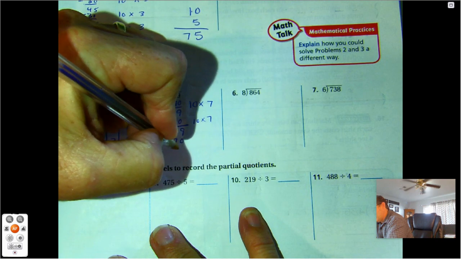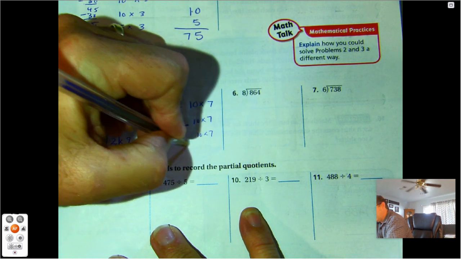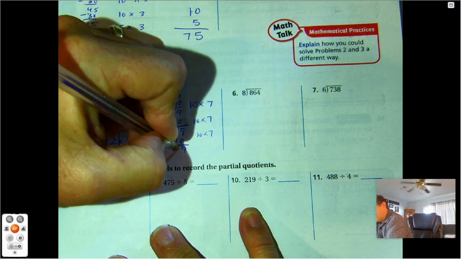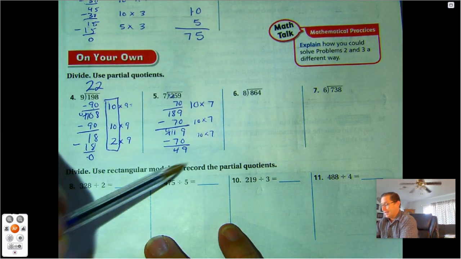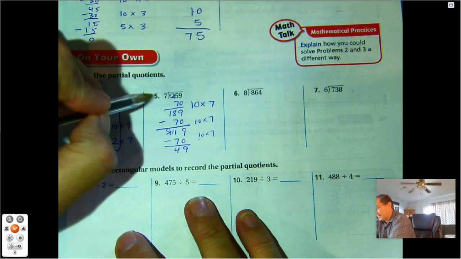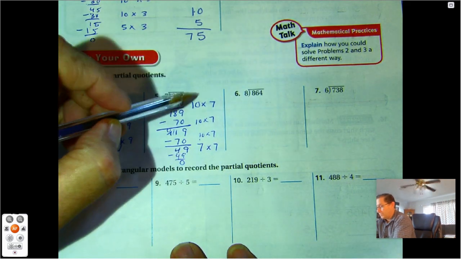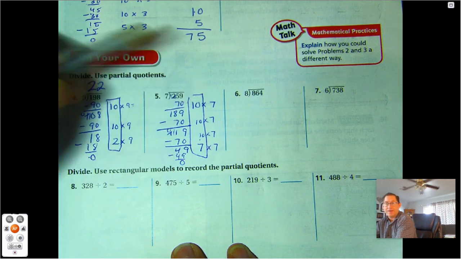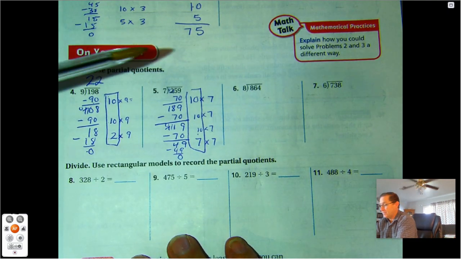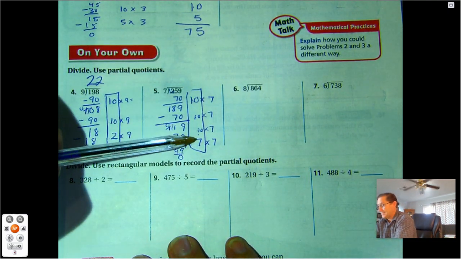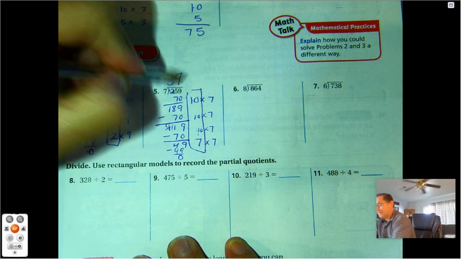So I'm going to take away another set of 10 times 7. And now I'm down to 49. I can't take away 10 of those, but I do recognize that 7 times 7 is 49. So how many sets of 7 did we take? 10, 20, 37. 37 sets of 7 is 259.